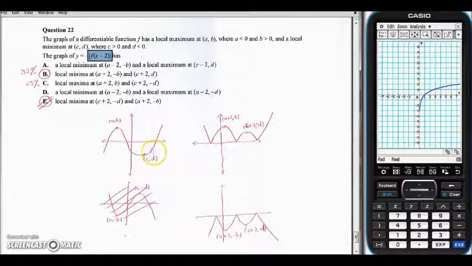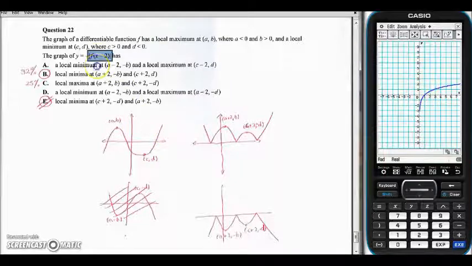And now if we find the modulus of that function, everything that's under the x-axis gets flipped above the x-axis. So that's how we get this shape here. And this point here stays (a+2, b), and this point here would become (c+2, negative d), because my d coordinate here has gone up here.